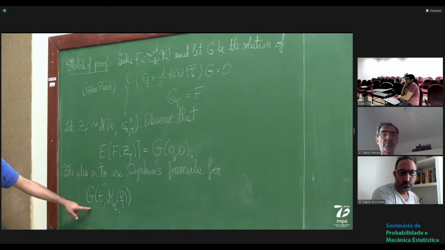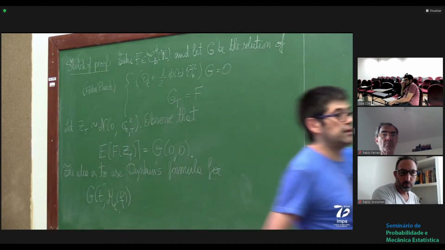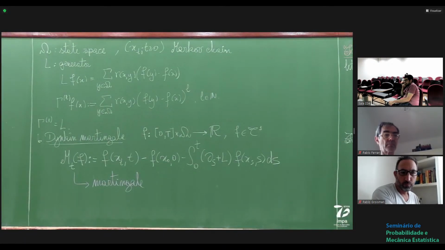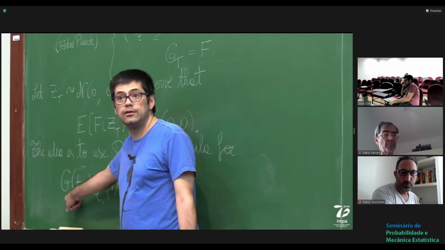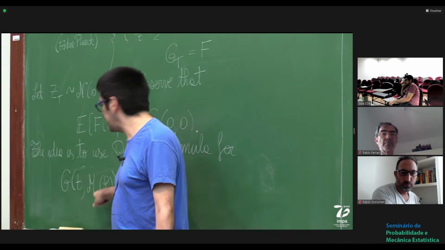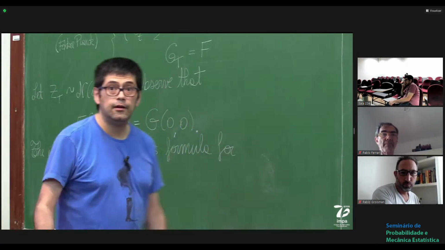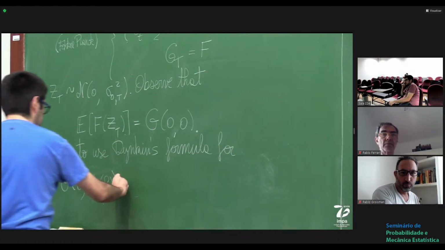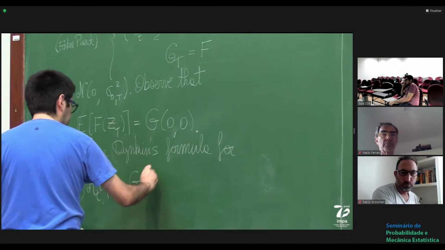I'm going to use the formula that I wrote there. I'm going to write the martingale associated to that, but instead of using little f as a test function, I'm going to use this big function g. This function g depends on time and depends on the martingale. The martingale M_t^f is written there, so it's the following formula.